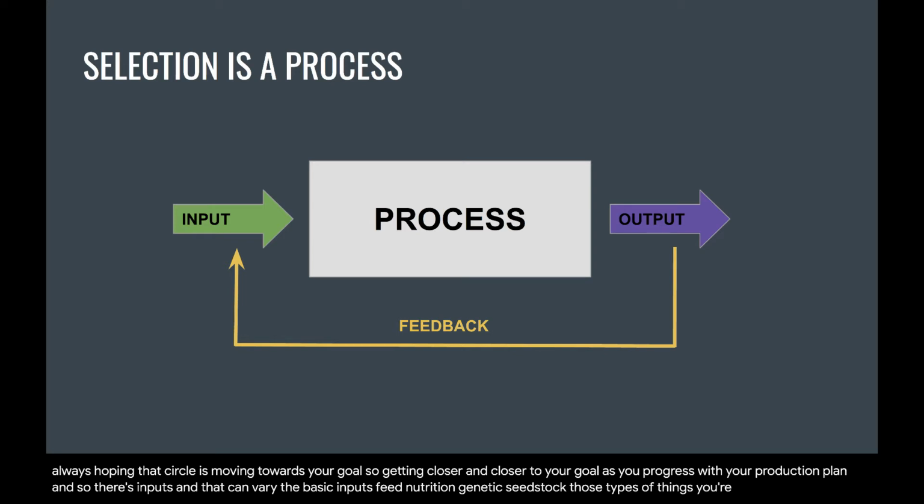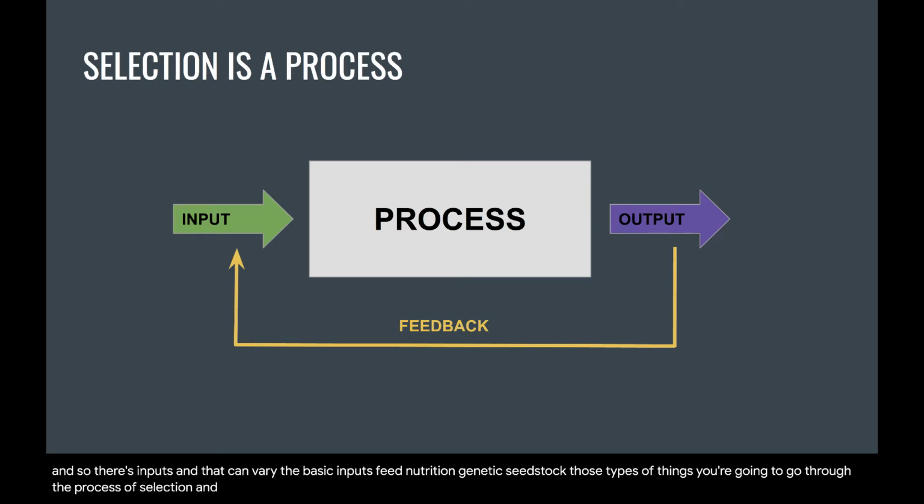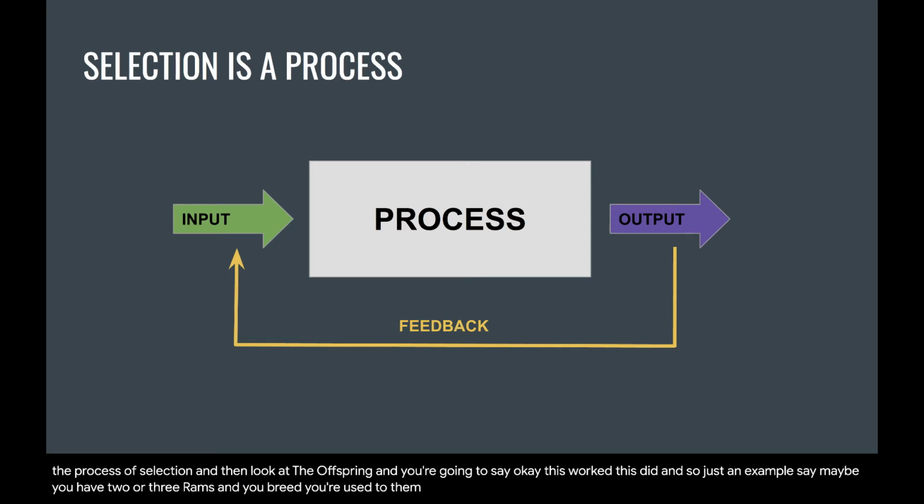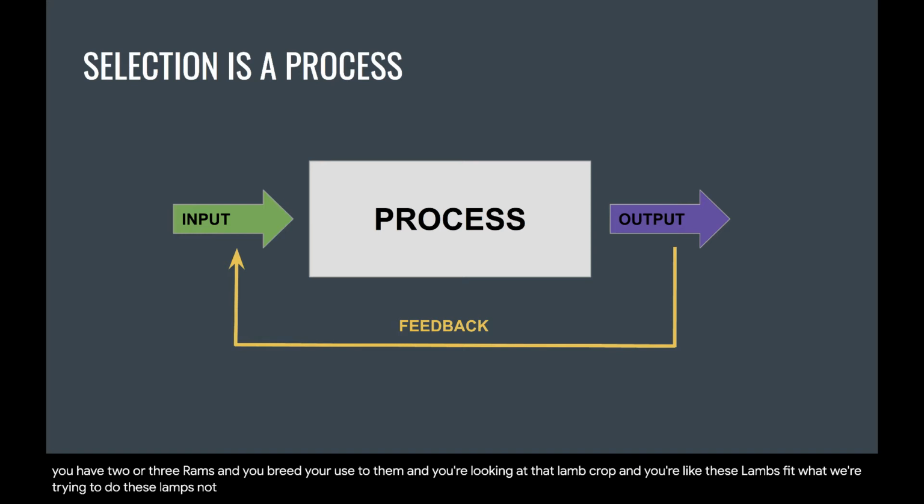You're going to go through the process of selection and then look at the offspring, and you're going to say, okay, this worked, this didn't. Just as an example, say maybe you have 2 or 3 rams and you breed your ewes to them, and you're looking at that lamb crop and you're like, these lambs fit what we're trying to do, these lambs not so much, okay? So we're going to focus on this genetic line to enhance what our sheep look like.